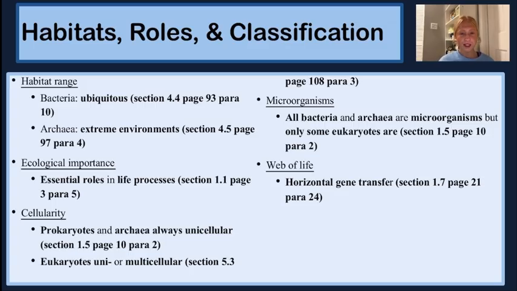An analysis of ribosomal RNA shows that all organisms in the three domains share a common ancestor, but modern science has recognized that evolution is not best represented as a simple tree. Due to horizontal gene transfer, especially among the microbes, life is better described as a web where genes move between species, and this ongoing exchange means that classification systems will continue to evolve as new information is discovered.